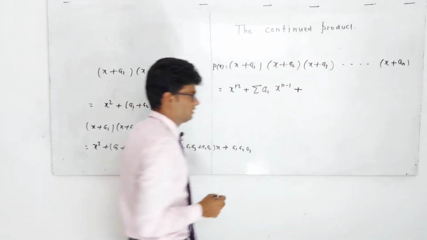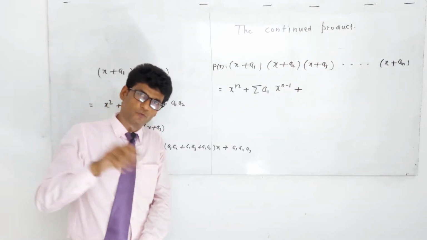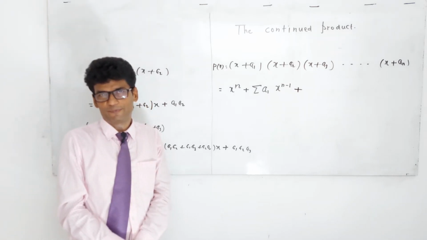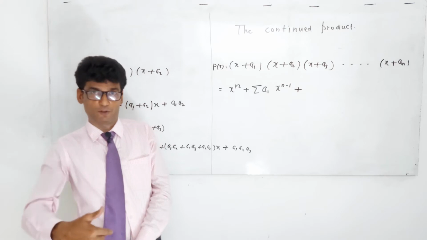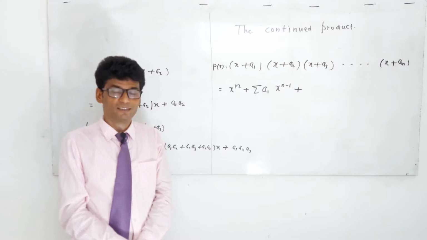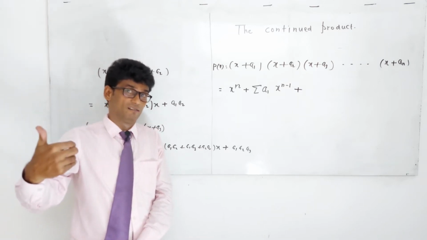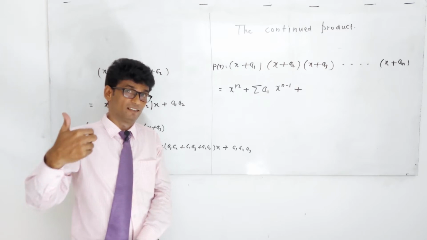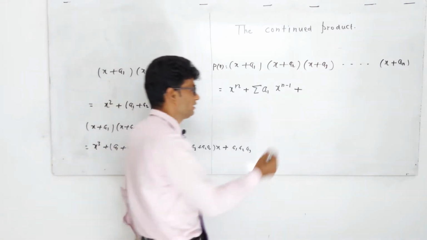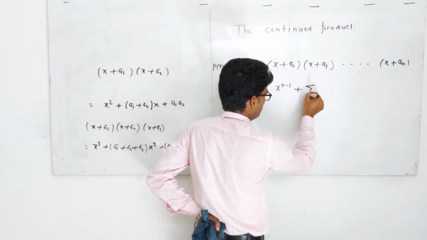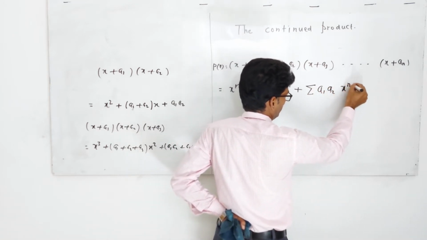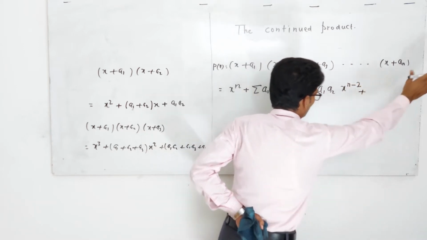Now x from n minus 2 factors and numbers from the remaining 2. Now it comes out to be very interesting. So what are we going to get this time? x to the power of n minus 2 as a common factor. And then sigma a1, a2, x to the power of n minus 2, and so on and so forth.